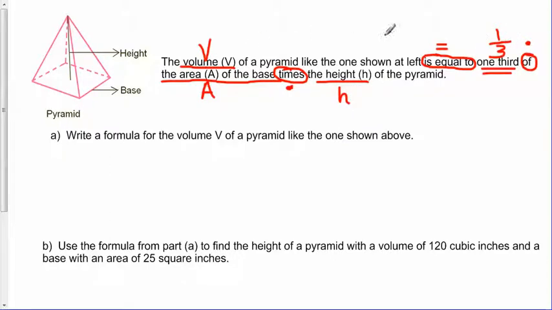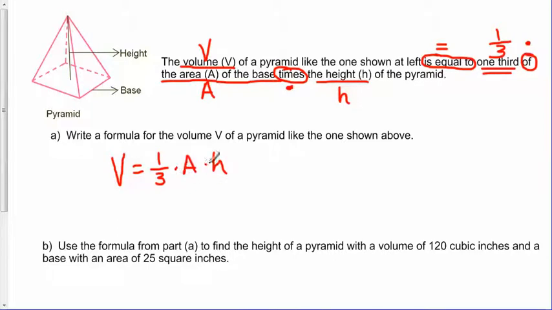Notice my formula is basically spelled right out for me. If I just write down all those parts that are in red, I'm going to have V equal to 1/3 times A times H. And there's my formula.